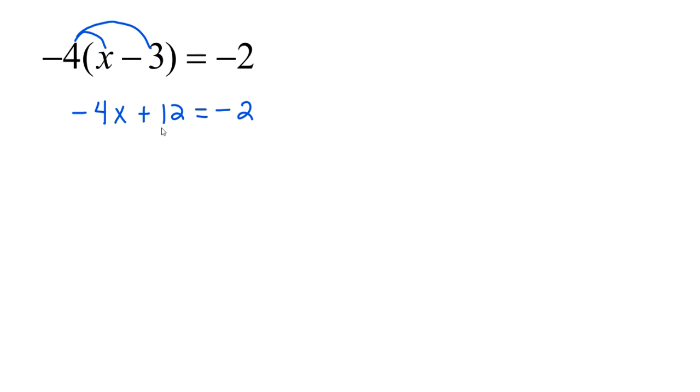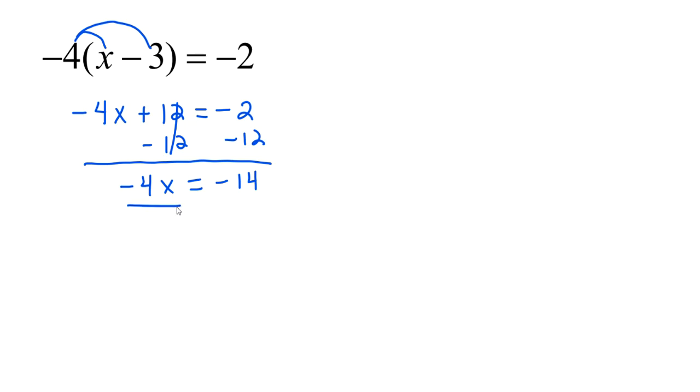Now, we look to see if there are any like terms. There are not, so we're going to isolate the variable. The first thing that I would do is subtract 12. And that gives me a negative 4x equals negative 14.